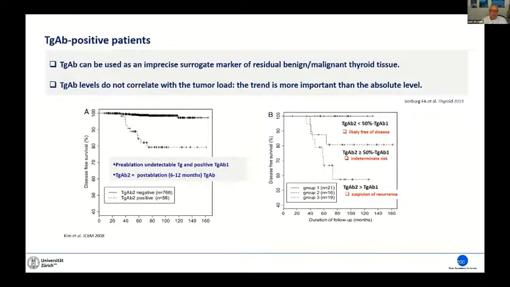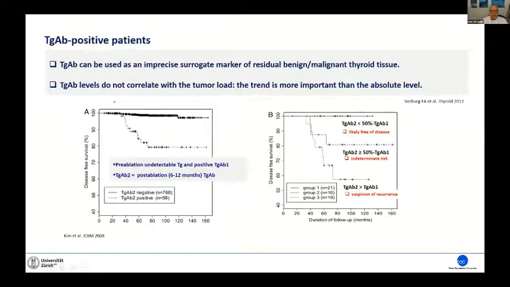Finally, how to manage patients with positive thyroglobulin antibodies. As there are no reliable methods to measure thyroglobulin in the presence of thyroglobulin antibodies, the pivotal marker is thyroglobulin antibody levels in themselves.